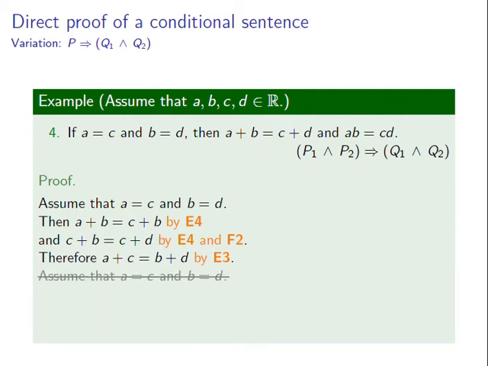For the second part of the proof, we do not need to state again the hypothesis that A equals C and B equals D. This hypothesis is understood to still hold.